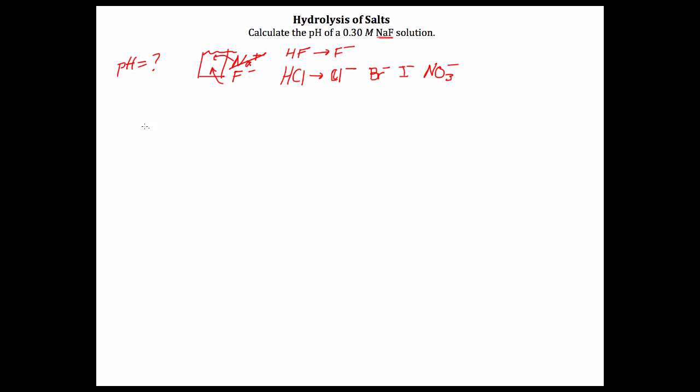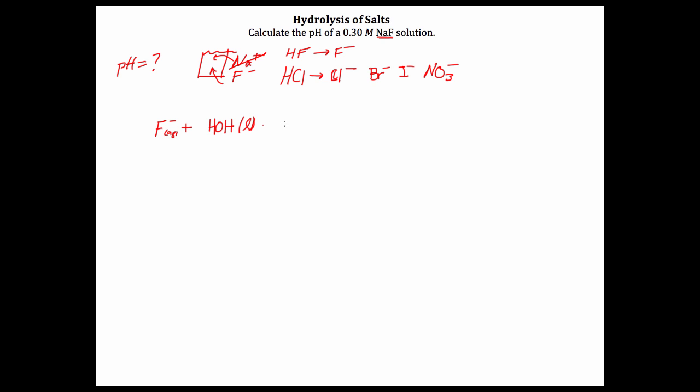So what I'm looking for here is the pH. What's going to happen is that fluoride ion, when I put it into the water, is actually going to react with water. Remember, it's better to write HOH in here when you're doing the reactions with bases. And of course, that's an aqueous ion.